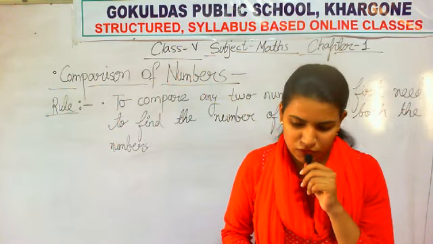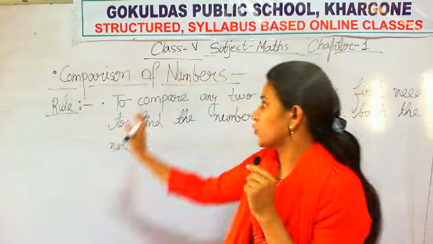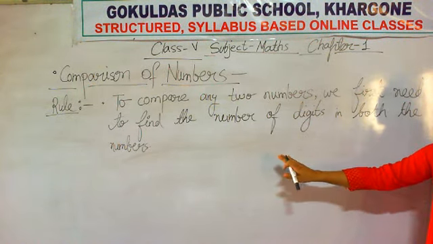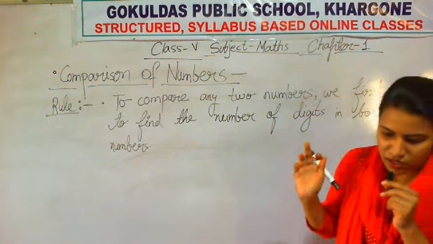This is our first rule. Again, repeat with me: to compare any two numbers, we first need to find the number of digits in both the numbers.